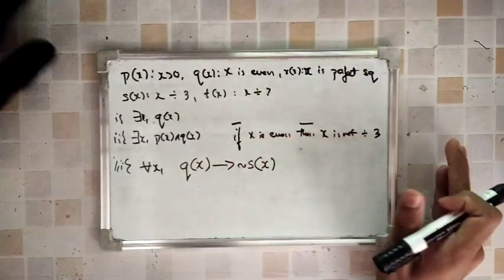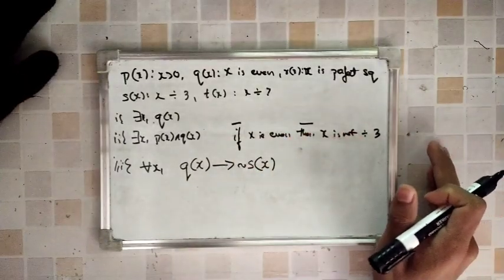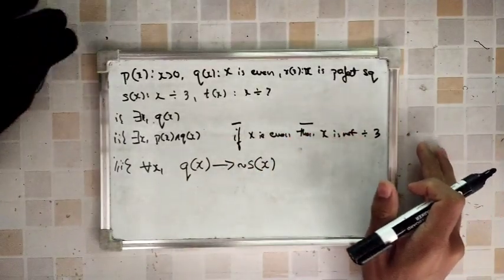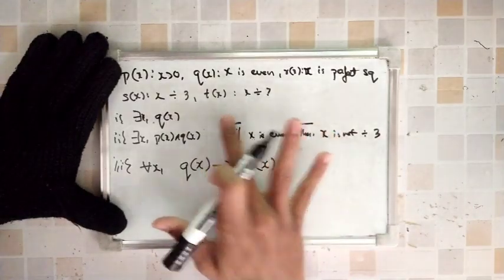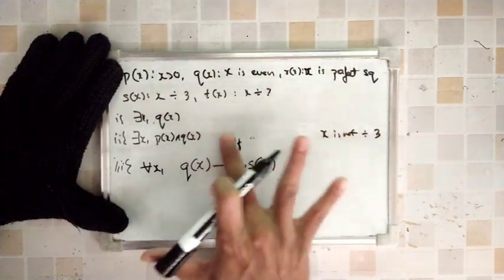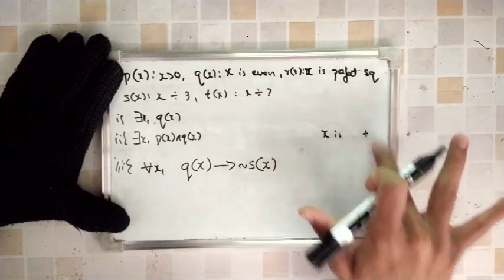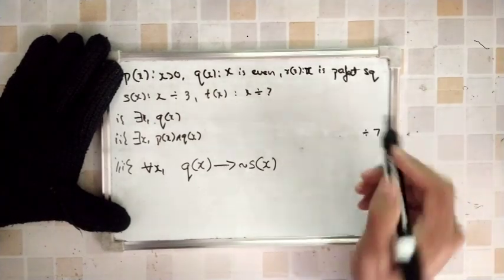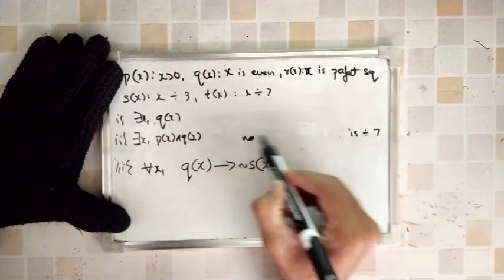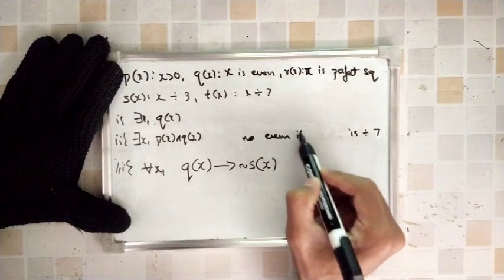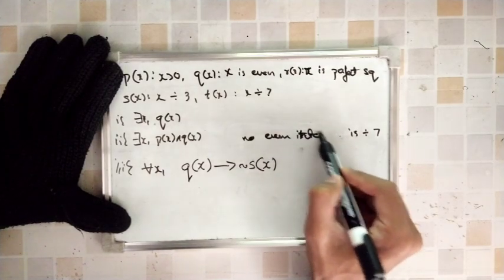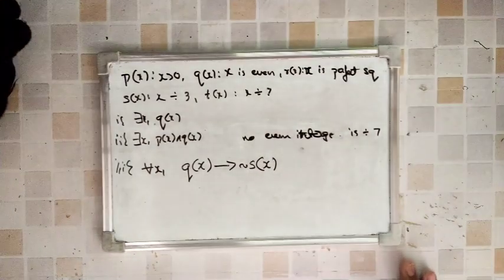Then the fourth question: no even integer is divisible by 7.